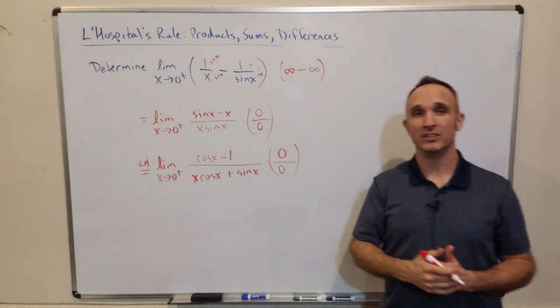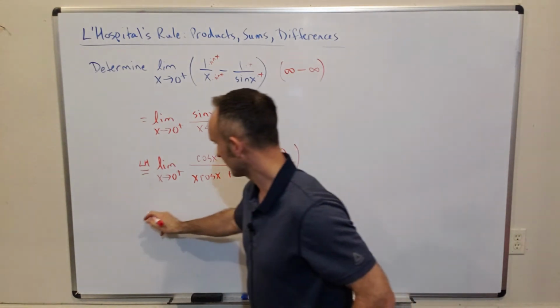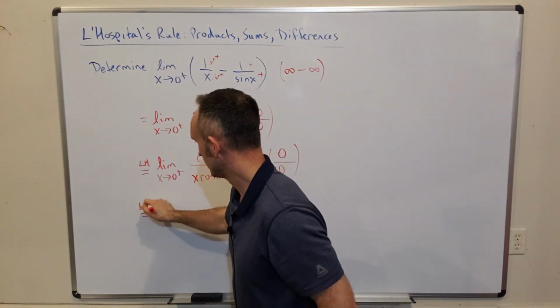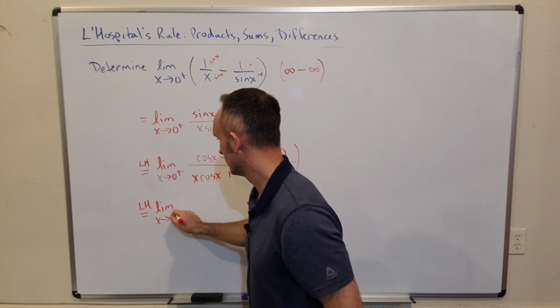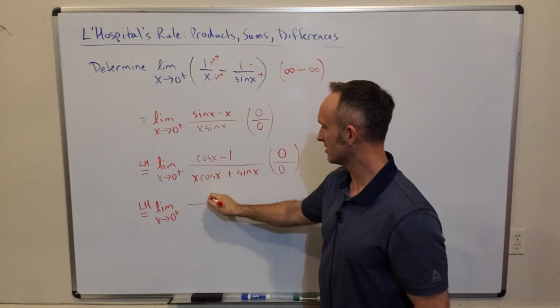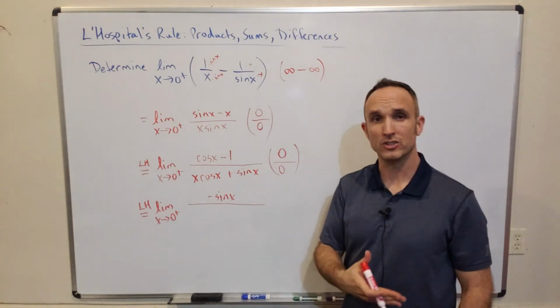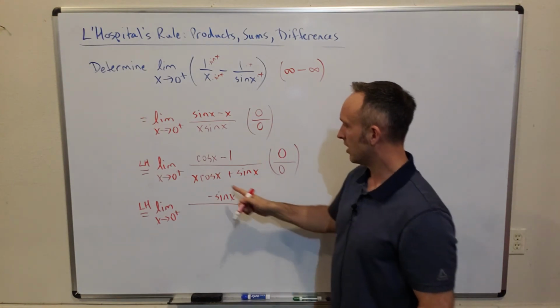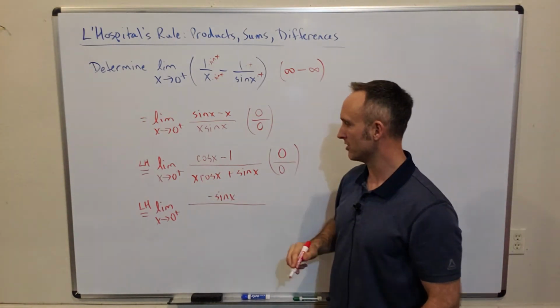We still have an indeterminate form. Let's apply L'Hopital's again. So on the top, the derivative of cosine of x is negative sine x, minus the derivative of 1 is just 0. On the bottom, I have to use the product rule again for this first part of the sum.